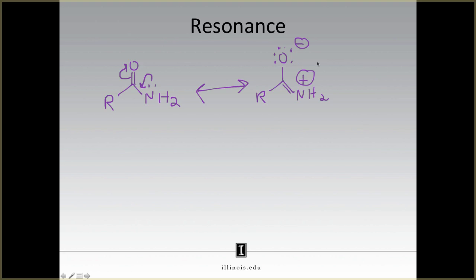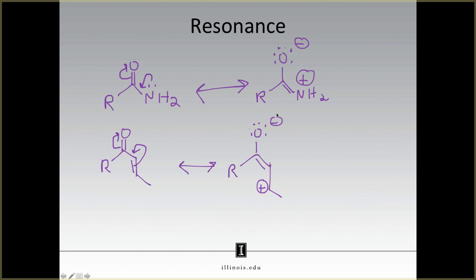It's the same argument if you have a conjugated carbonyl. If I take a conjugated carbonyl of some kind, and I do the same process, I can draw a similar resonance structure that has a carbon-oxygen single bond.